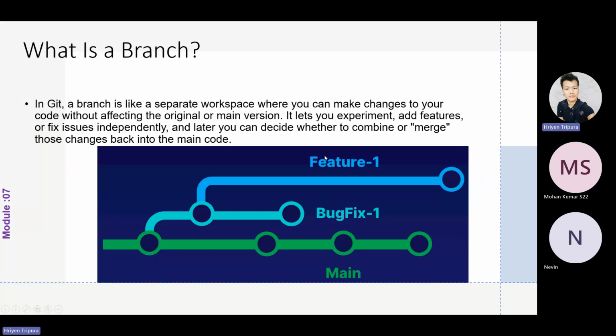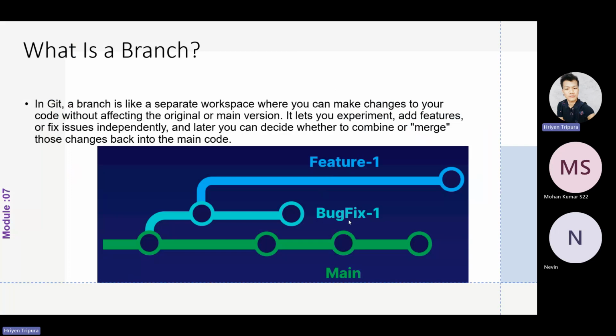One is for the issue and one is for the features. Whenever you want to add any kind of feature for your application or infrastructure, we will create a separate branch as a feature, or in some cases a bug fix branch based on the issue.